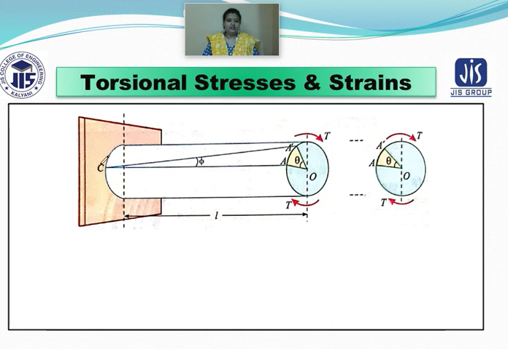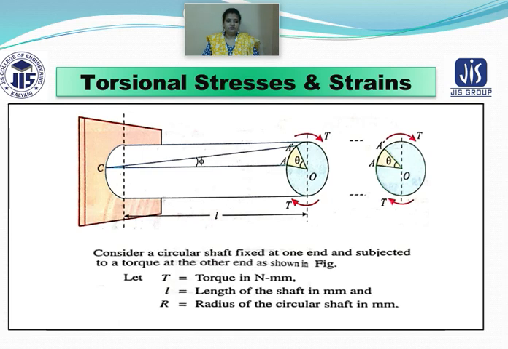This is G, it can be represented by G or C, that is the modulus of rigidity. Again, T is your torque, L is the length of the shaft considered in millimeter, and R is the radius of the circular shaft.